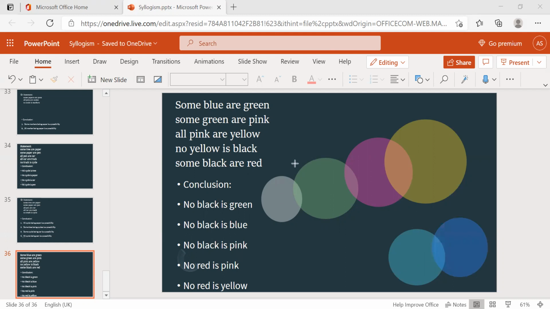Now we'll arrange this in a proper manner. First of all, what is this? Blue. Some blue are green. Some blue are green and some green are pink. Some green are pink.